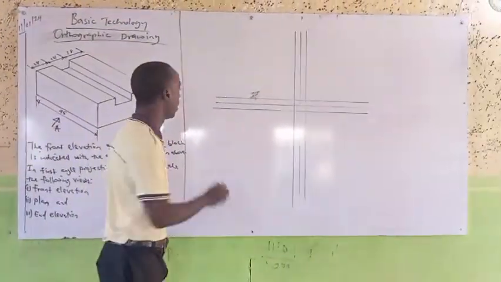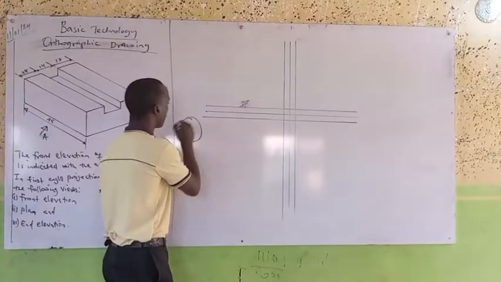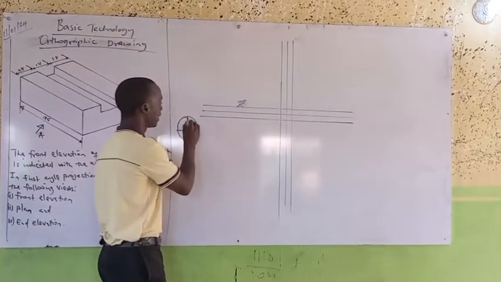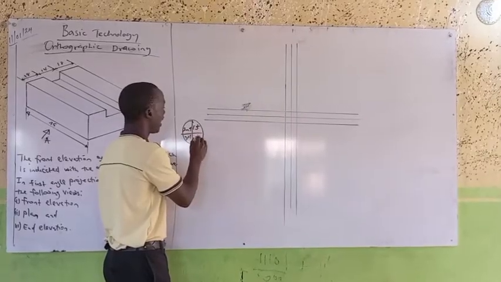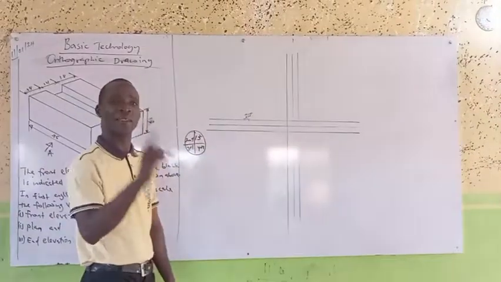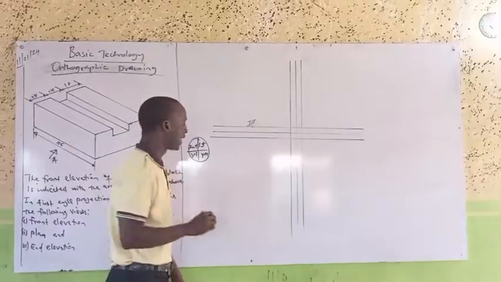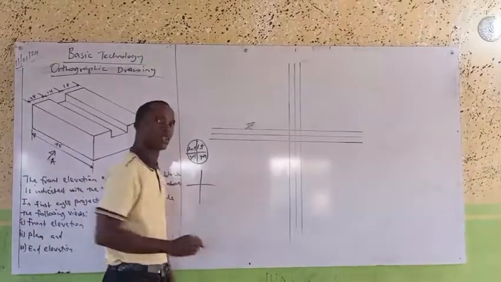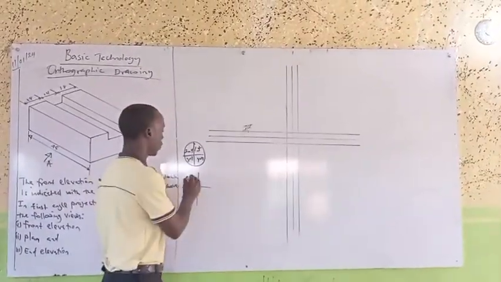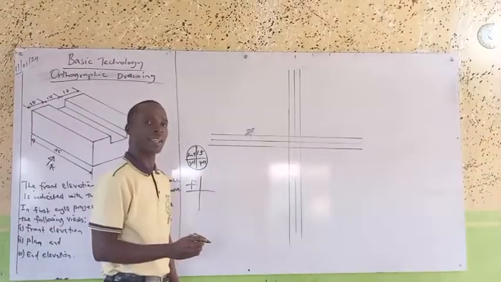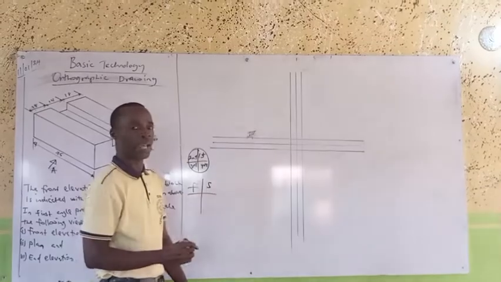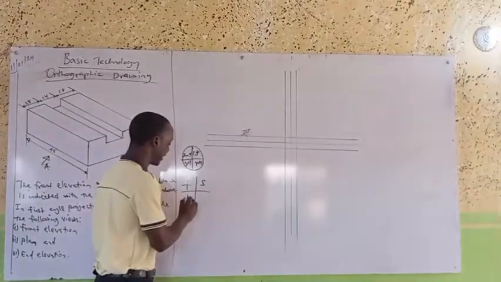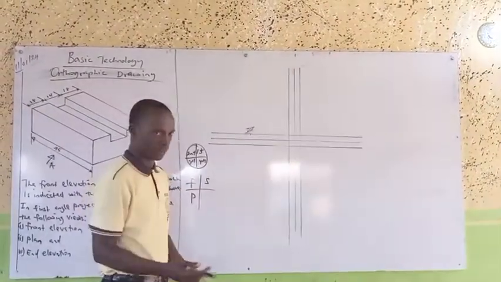As a reminder, we showed you about the issue of the quadrant. This is the first, just to remind, second quadrant, third, and fourth. And we said that in first angle orthographic projection, the front elevation is usually placed in the second quadrant, the side elevation is usually placed in the first quadrant, while the plan is usually placed in the third quadrant.